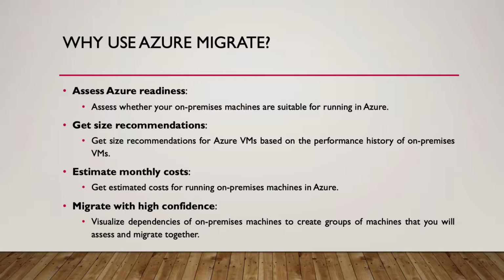The second is getting the size recommendations. You will get size recommendations for Azure VMs based on the performance history of on-premises VMs. So basically what Azure Migrate does is look at the performance history of what you have and how they have been used, and based on that performance the service recommends which one of the virtual machine sizes is actually more proper for your migration.